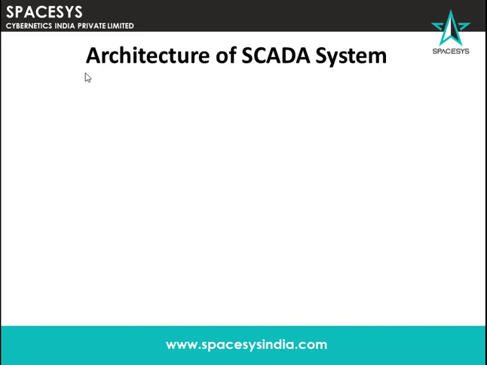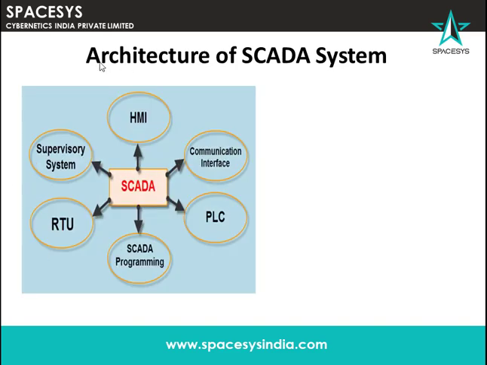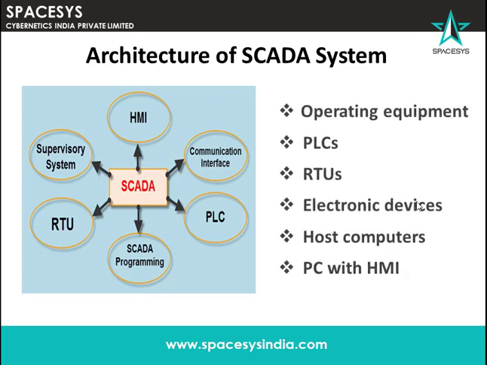Now we are going to see about the architecture of SCADA system. The architecture of basic SCADA system consists of these components: operating equipment, PLCs, RTUs, electronic devices, host computers, PC with HMI, etc. I already told you that SCADA comprises both hardware and software components.